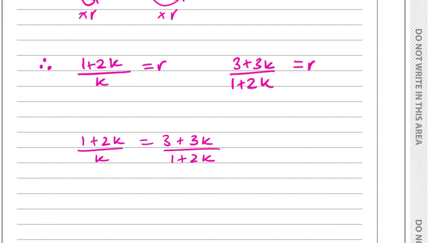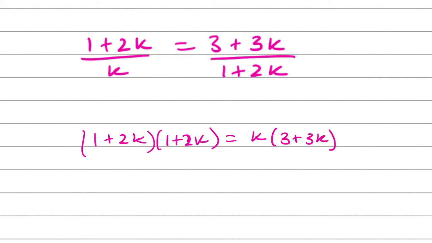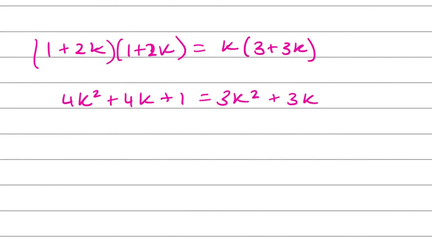So now we cross multiply. So 1 plus 2k, 1 plus 2k equals k lots of 3 plus 3k. Alright, that's facts. So this equals 4k squared plus 4k plus 1 equals 3k squared plus 3k. So then that means I have k squared plus k plus 1 equals 0.